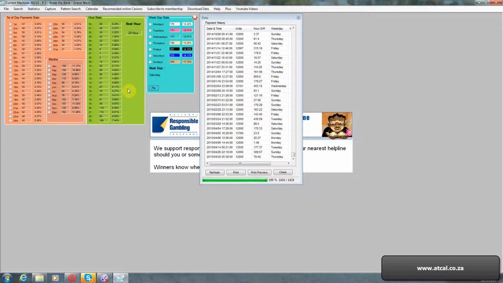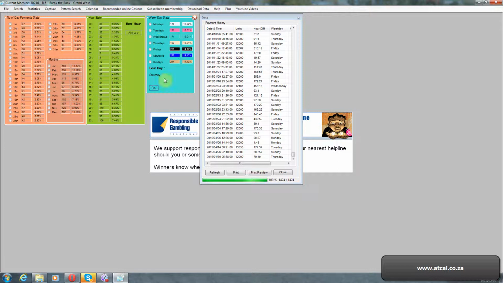Now, we've got to remember that although this percentage is low, a 1% difference between 5% and 6% is a couple of £1,000 worth of playing for you. So the higher you can get your percentages, or the better percentage you play, the more you increase your odds.